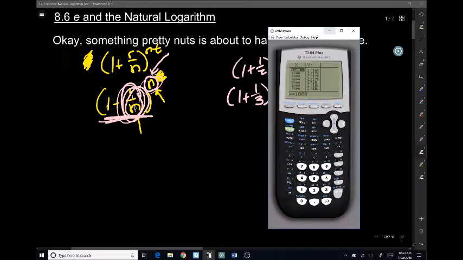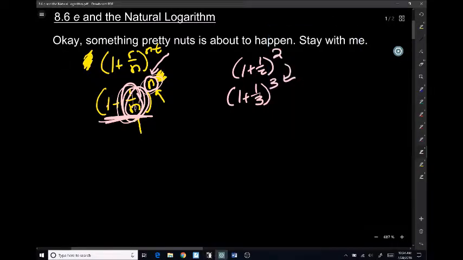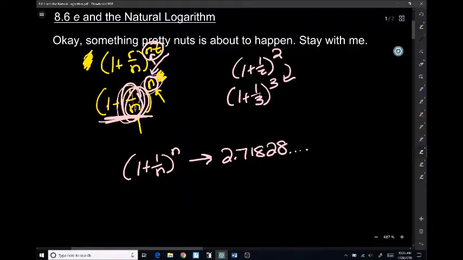What's happening now is we are essentially having continuously compounded interest, meaning if it's being compounded 7,000 times, or 7 million times, or even 7 trillion times, however big n gets, this whole formula, 1 plus 1 over n to the n, is going to get very, very close to this number, 2.71828... that goes on forever and ever, as n gets really, really close to infinity. And close to infinity doesn't really make any sense, so that just means as it gets really, really big.